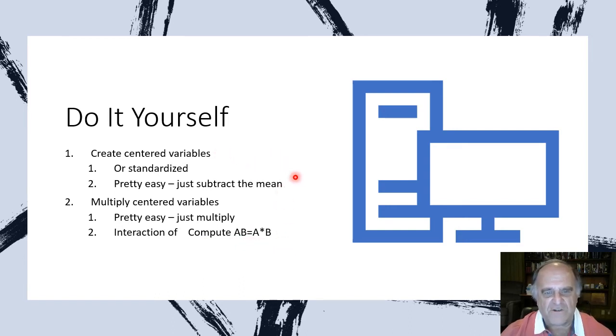So again, it's a two-step process. Center the variables, which does not mean standardizing them, although that's sort of an easy way to center them, but it loses the units of the measure. So we just subtract out the mean from each of the variables, and then we multiply them together to create a new variable.